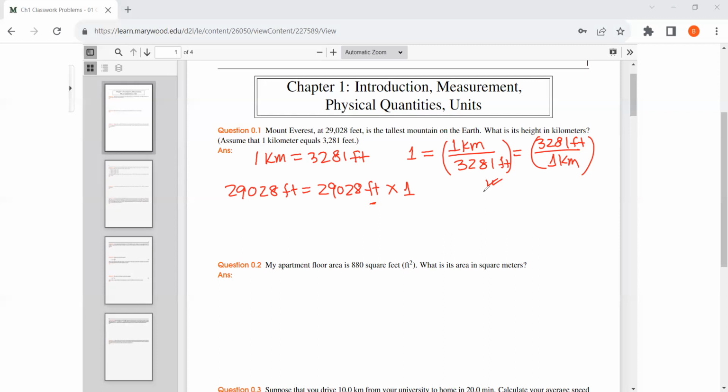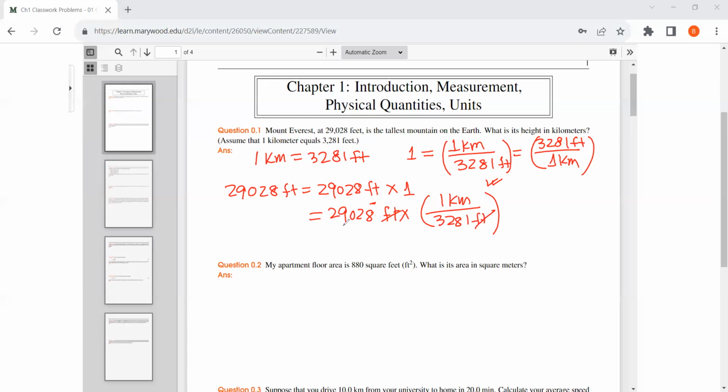Then you see that if you substitute this 1 kilometer over 3,281 feet, feet and feet cancel out, and our result is now in kilometers. The only unit left here is kilometer.